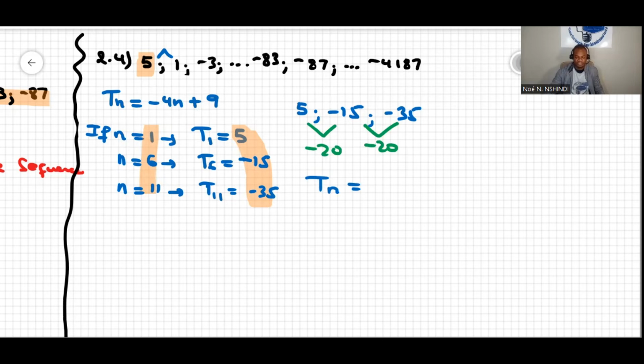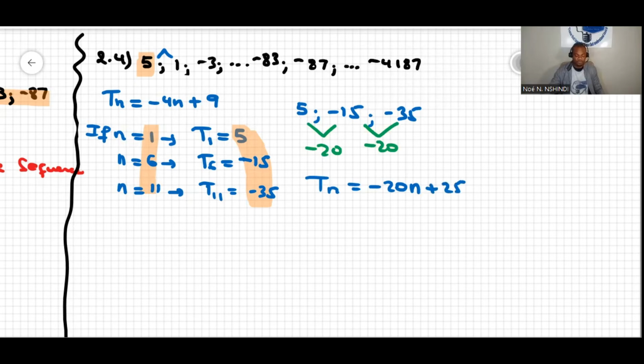We can just write the constant difference, which is -20n, and then we ask ourselves how much we need to add to -20 to get 5. So we add 25. So this is actually the formula.